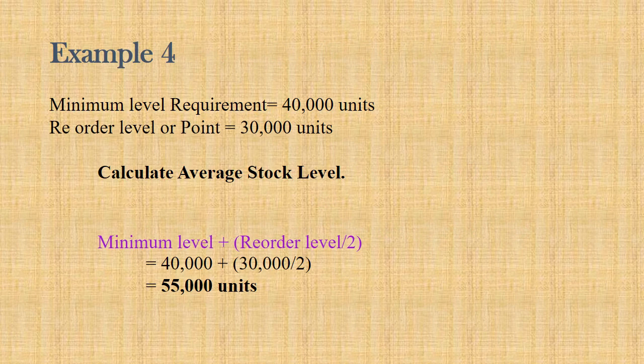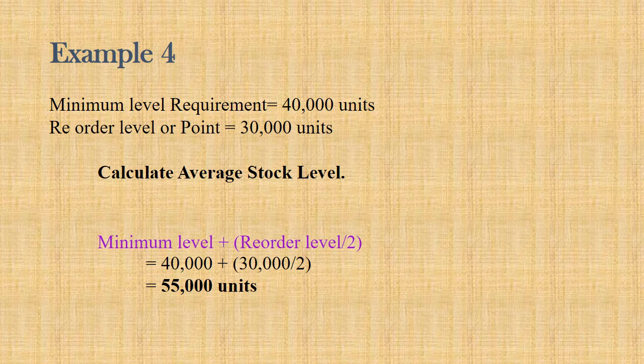Looking into this example, it has given us that the minimum level requirement is 40,000 units. Reorder level or point is 30,000 units. You have to find out the average stock level.